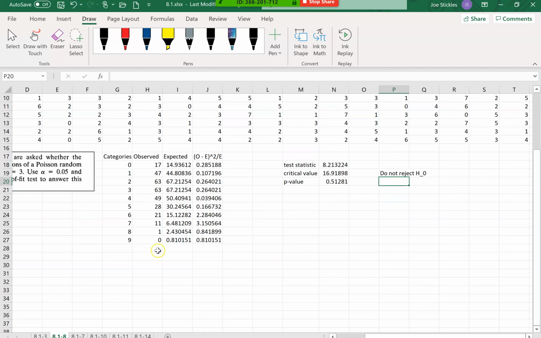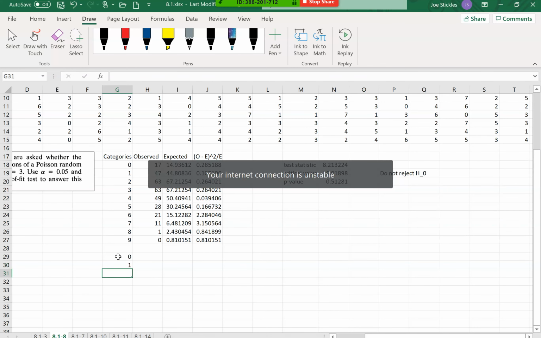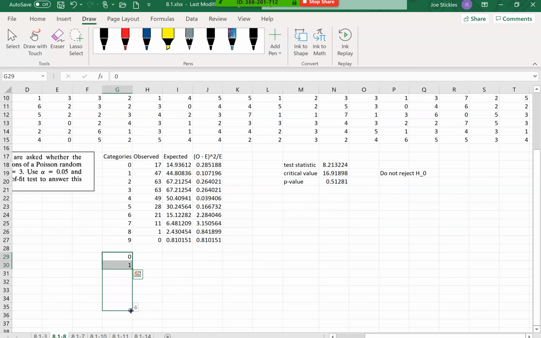What we could have done is do values for 0 to 6, and then look for greater than or equal to 7 as our last one. Just put all of these observations in 7 or higher, make it a whole bin of things and do an overall computation of observed minus expected.